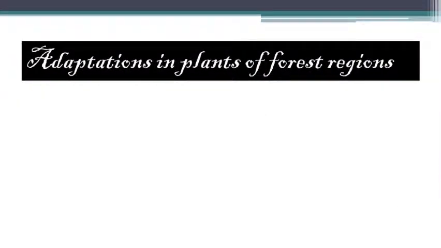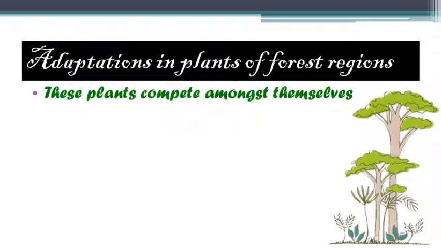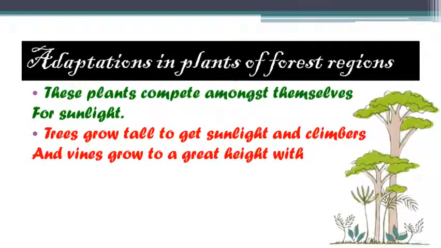Now next is adaptation in plants of forest regions. Student, a variety of plants like trees, shrubs and herbs are found in the forest, and these plants compete among themselves for sunlight, and hence trees grow tall to get sunlight, and climbers and vines grow to great height with the support of trees. We know that the trees in the forest are very tall.